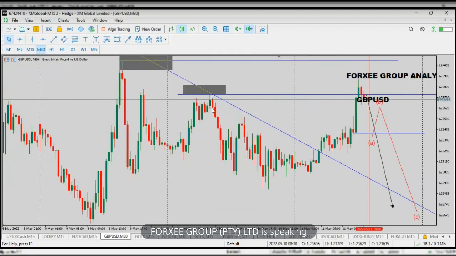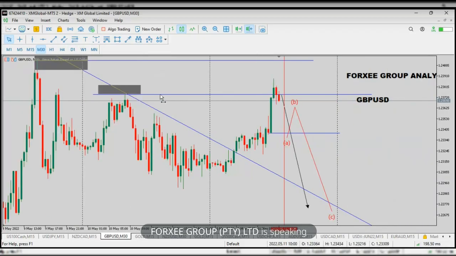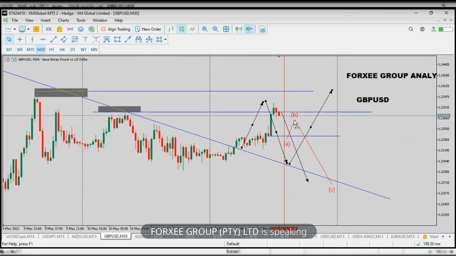This is a resistance, broken here, so now this is a break. They think it's coming back to retest. Since it broke here, it has to come back, retest, and then buy. You see the point? So when they're buying, we are selling.